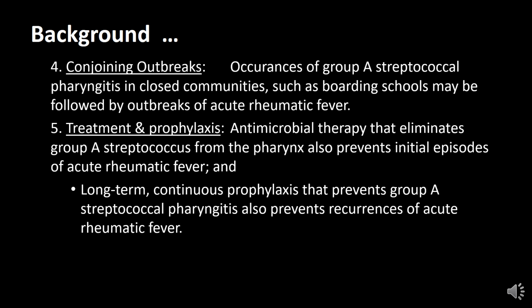It has also been shown that those children who receive prophylaxis for acute streptococcal pharyngitis, and therefore they do not get recurrences, also do not end up with the recurrences of acute rheumatic fever. That is our link number 5. So we can see we have 5 links that can be used to link the throat infection and the faraway multisystemic inflammation. Okay?